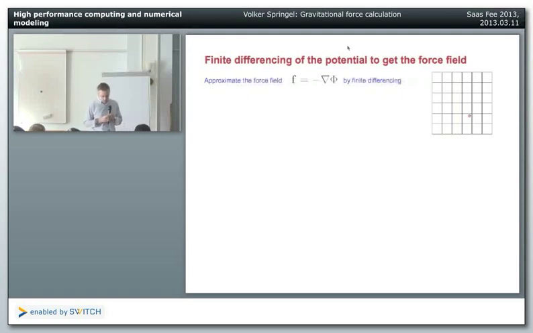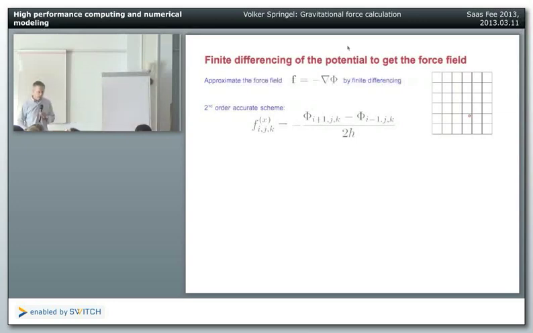So somehow we would like to take this potential field. This means essentially that on such a grid, we maybe have a potential value at all cell centers or at the corners. But we would like, for this particular particle sitting here close to a corner of a cell, to know its force. And that somehow you have to infer from the surrounding values of the potential. What you first do is you make an estimate of the derivative of the potential.